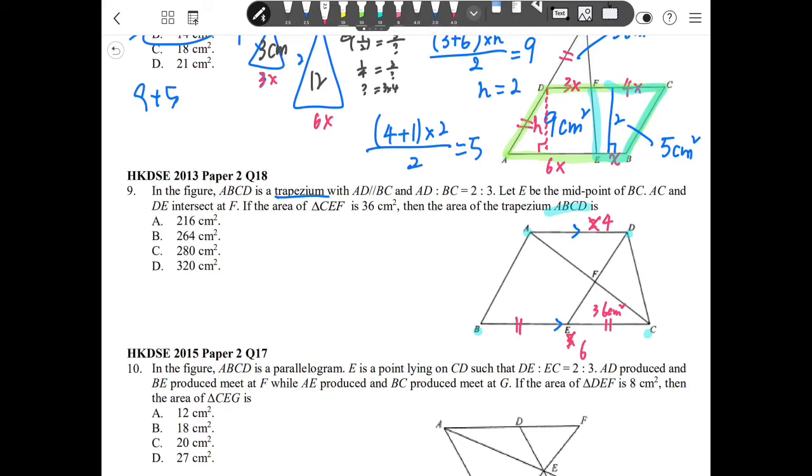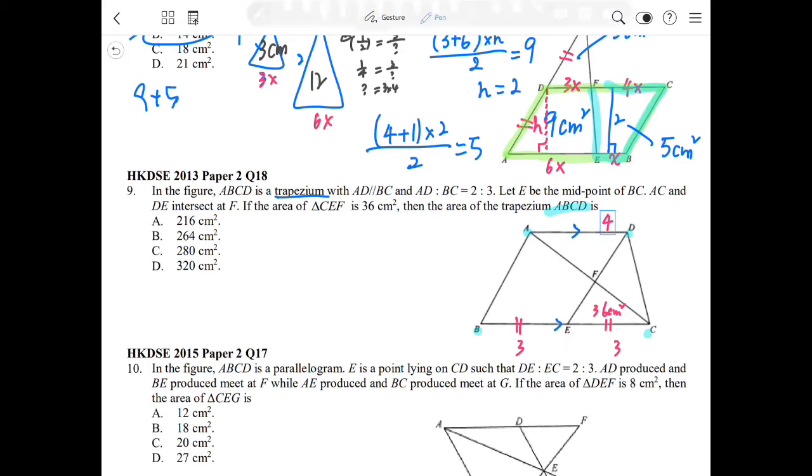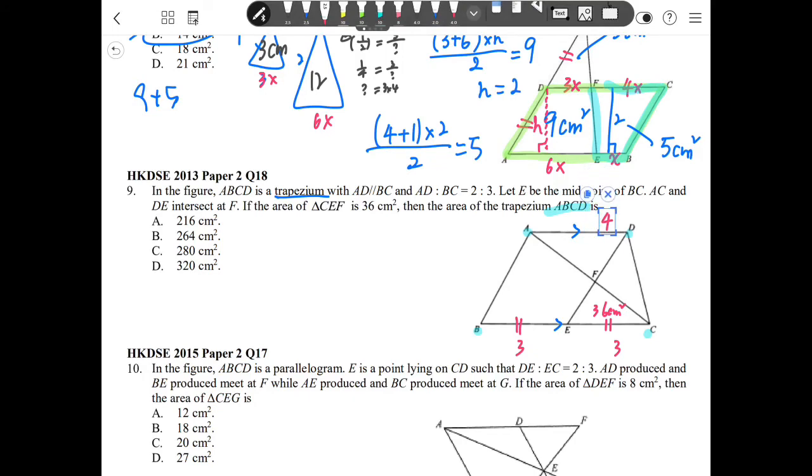Why? Because we can find out that would be 3 and 3 for the nice number. So in this case, I will try to enlarge them and make them become a larger one. So that would be 4 and 3 and 3 for the ratio. So 4, 3, 3.